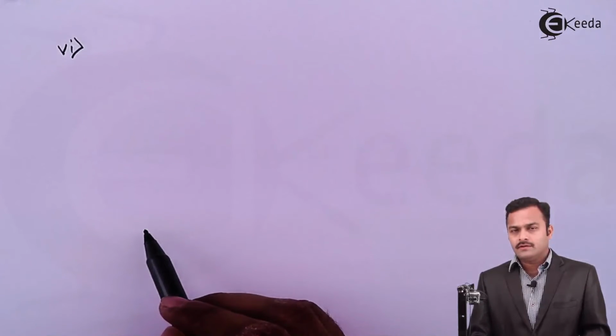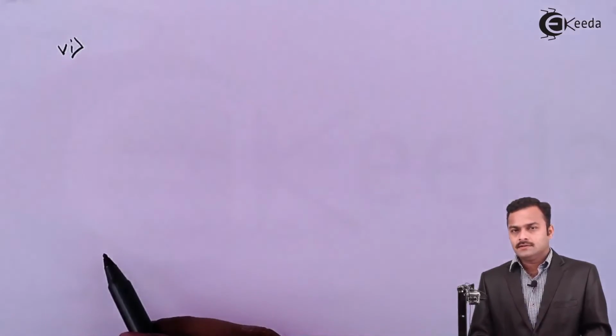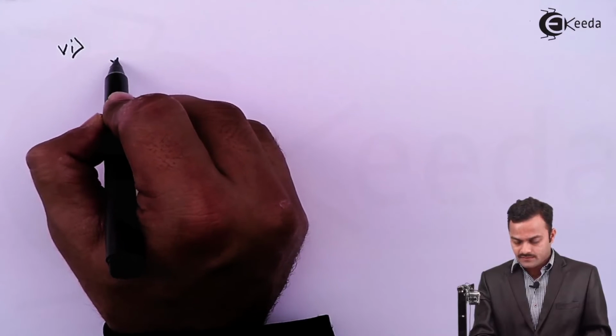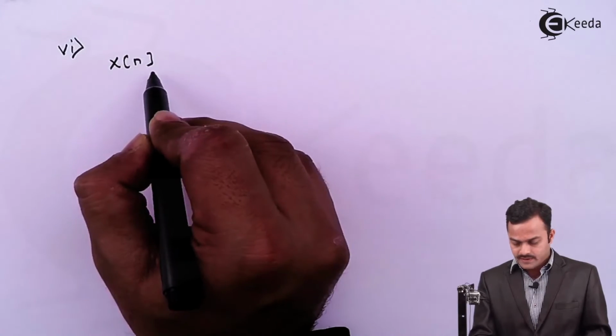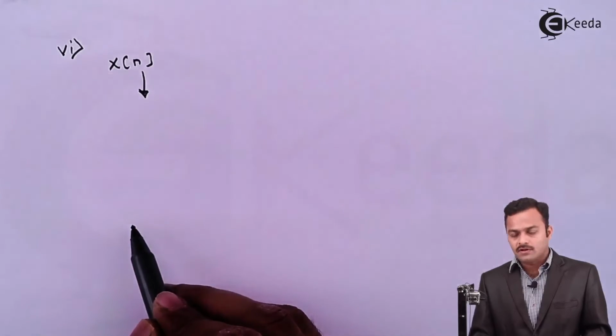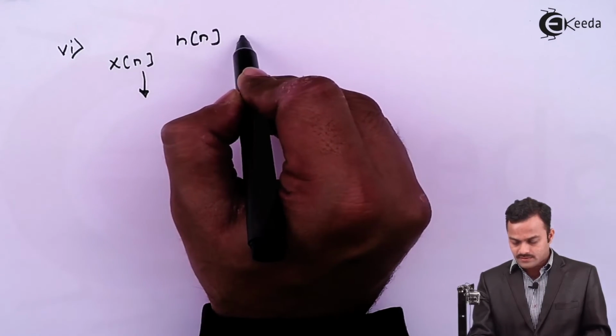Whenever we are having a sequence x of n and h of n, I can write it like this. For example, x of n I will write with the samples in this column, and h of n I will write the samples in this column.